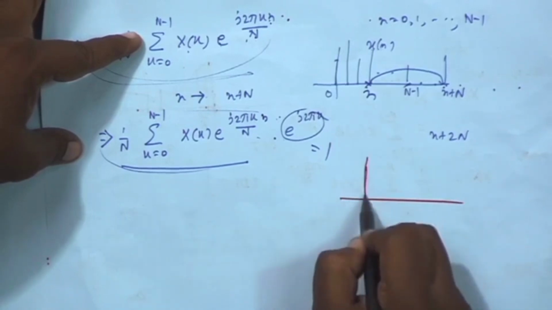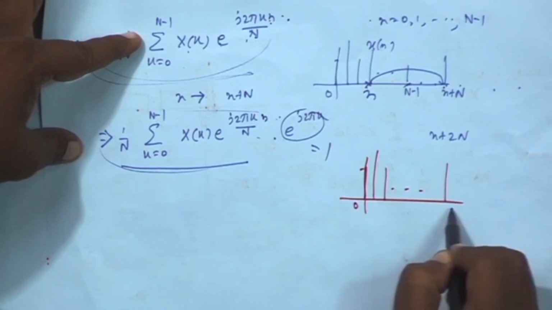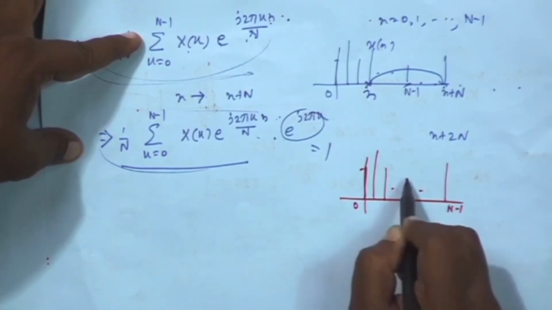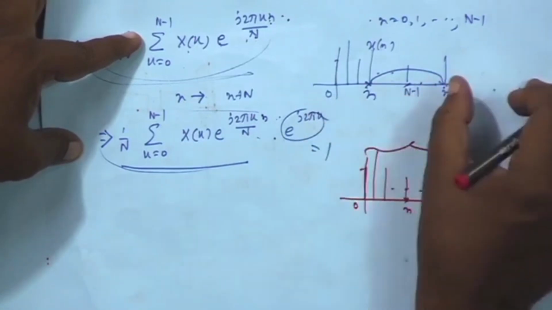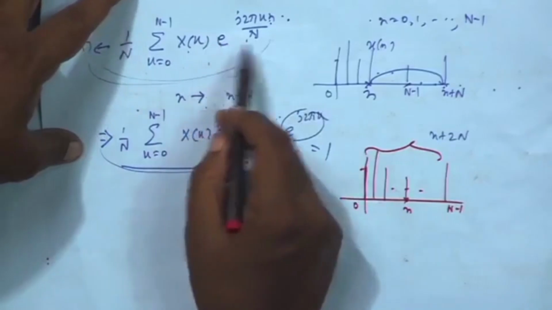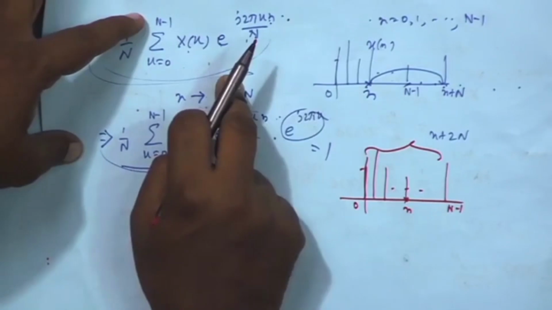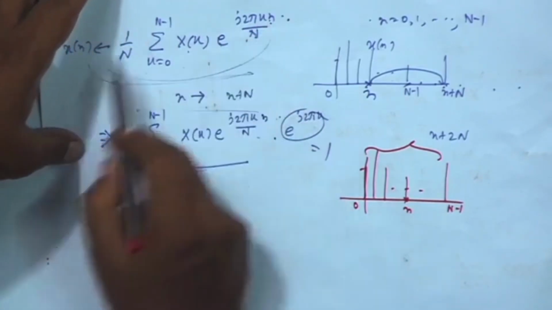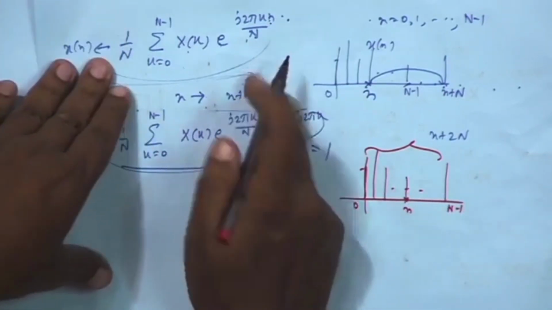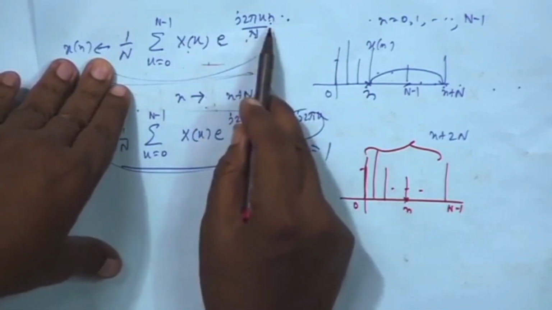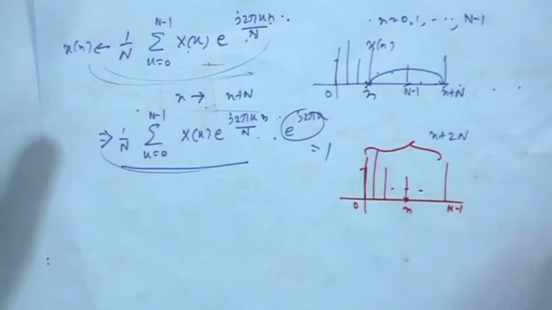So this way, if the original sequence is here, if your nth point is here, you took the DTFT, then sampled it, you got capital X k, and then you are using this capital X k and forming this summation. If small n is from 0 to capital N minus 1, you get back this sequence. But if in this summation I allow small n to go beyond this range, then what will happen?